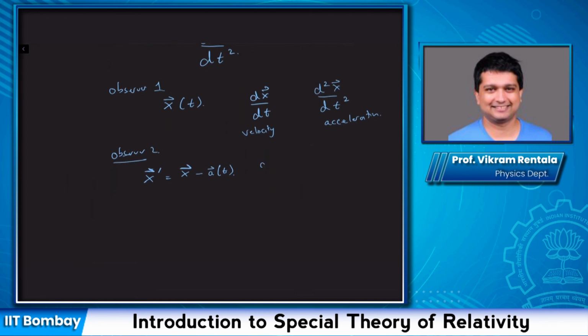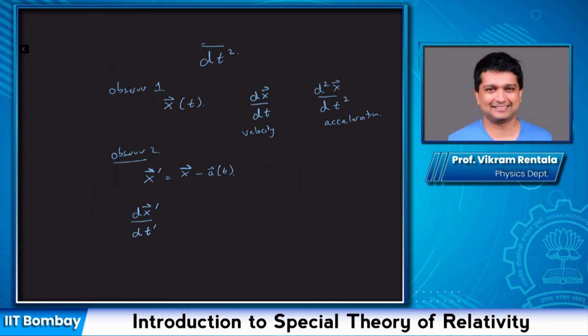And therefore, the speed that they measure, now here's something important. The speed that they measure is the change in the position x prime divided by the time interval that has passed for observer 2, and their time interval is t prime.